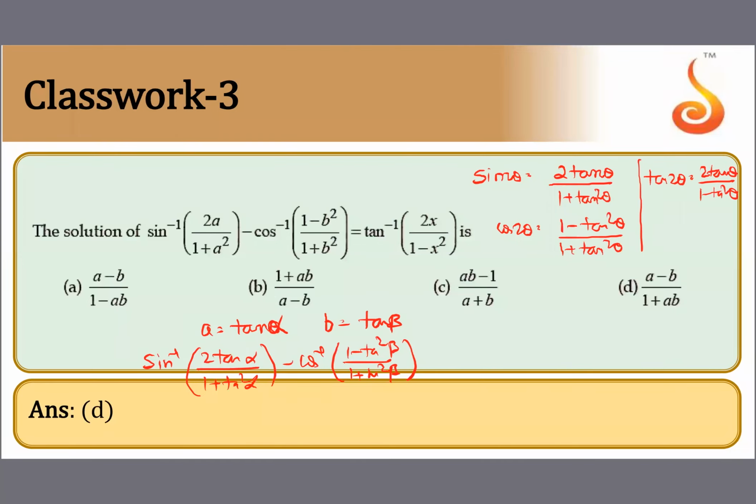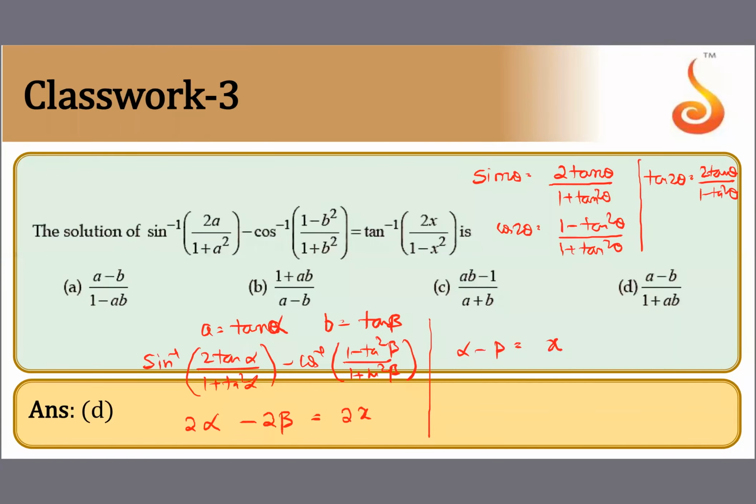This will give you 2 alpha minus 2 beta, correct? Why? Because this is nothing but sine 2 alpha. You get 2 alpha. So we get alpha minus beta is equal to x.